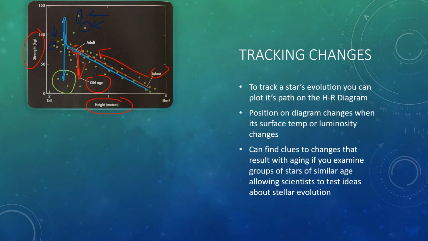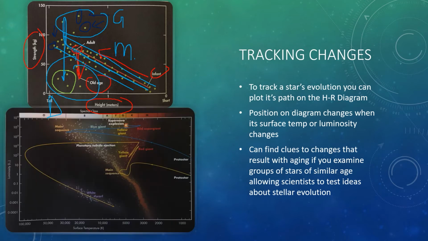Every person's track in this will be similar, creating certain patterns in the diagram, such as our main sequence, what we expect, our giants, and our dwarfs. And this can actually get kind of complicated, as can be seen in the paths for stars in the HR diagram, where they kind of go all over the place.